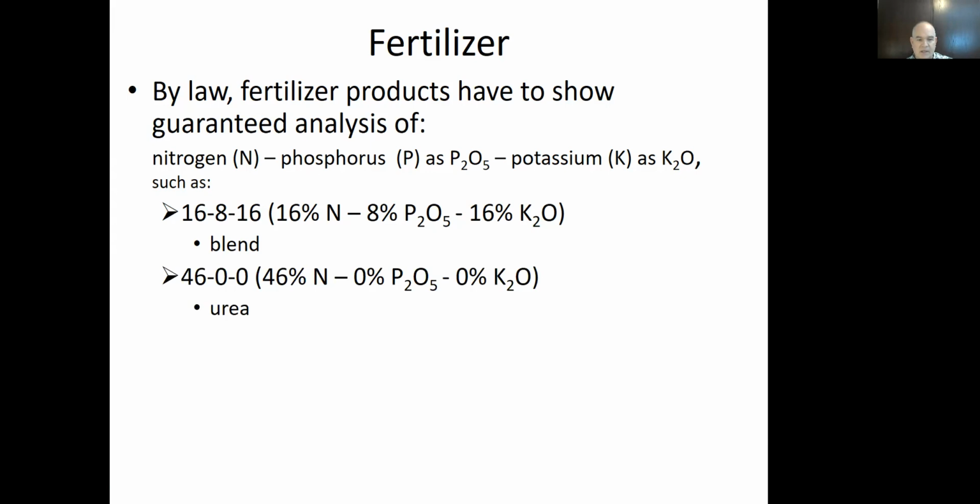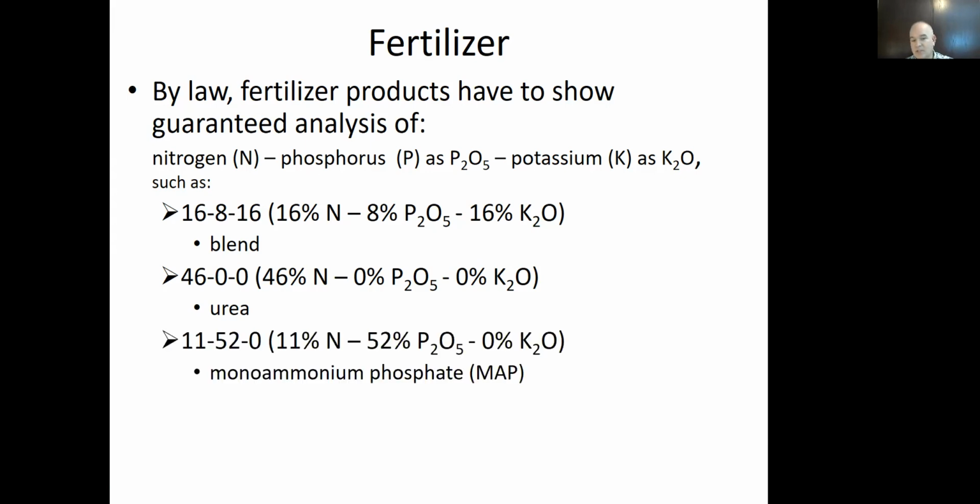And this next one is 46-0-0, that's urea, 46% nitrogen, no phosphorus, no potassium. By the way, urea is the most common nitrogen fertilizer sold in the world. The most common phosphorus fertilizers are these ammoniated phosphates.